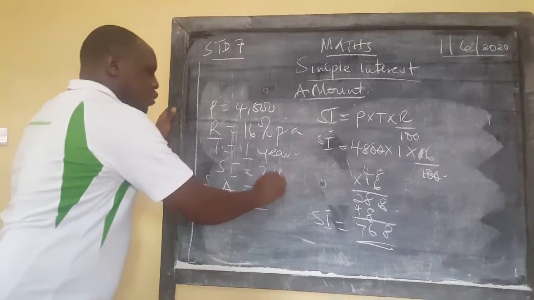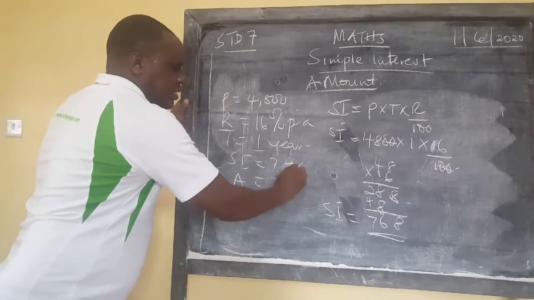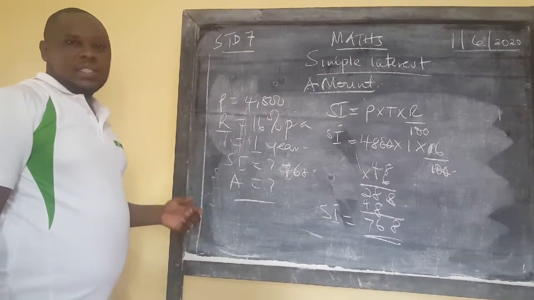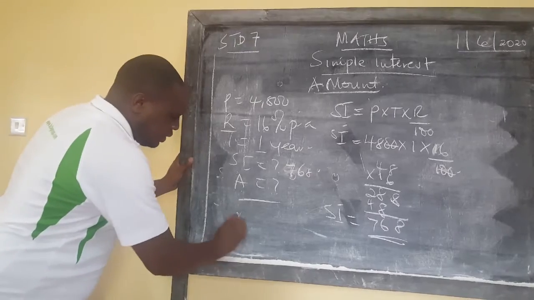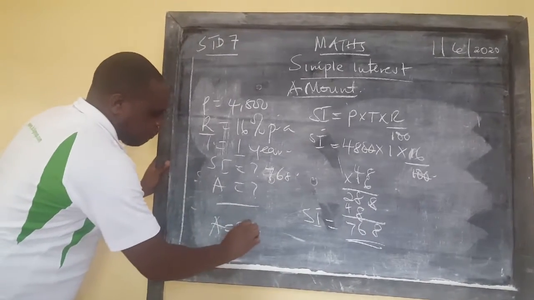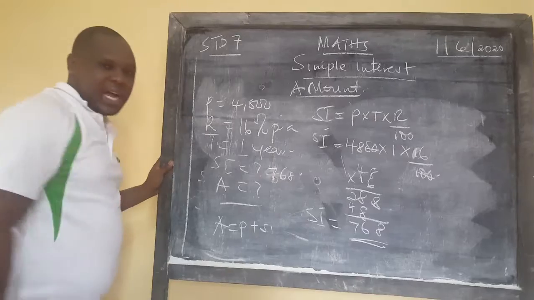So we are through with this one. We get 768. So what we want is the amount now. How do we get the amount? Amount is equal to the principal plus the simple interest earned.